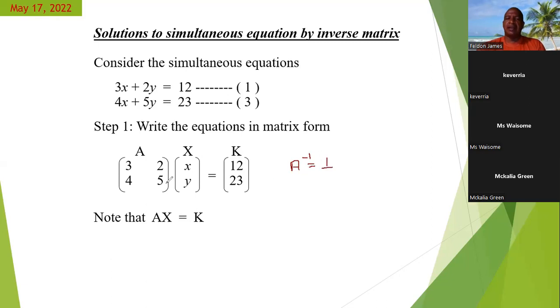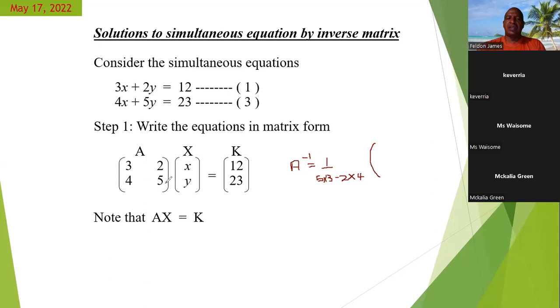What is the determinant? 5 times 3 minus 2 times 4. And then you multiply it by the adjoint of A.